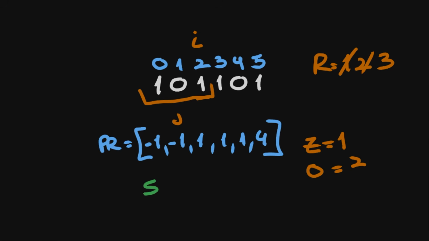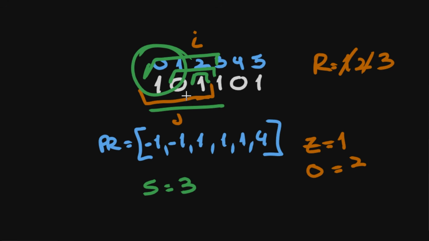Now, in terms of space, how many substrings can we add which have this index as the right endpoint? Well, we can add this one, and this one. We can add 3. And this number is given by this length. So, in terms of space, we could add up to 3 substrings. Now the thing is that we have already analyzed this substring and we don't want to repeat work, so we are just analyzing the 2 new substrings.